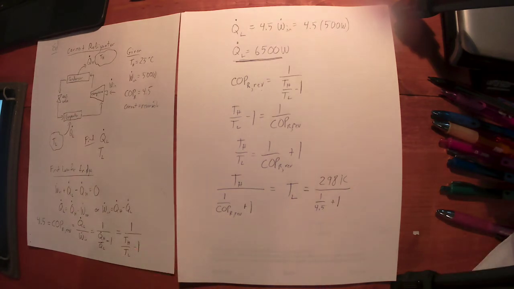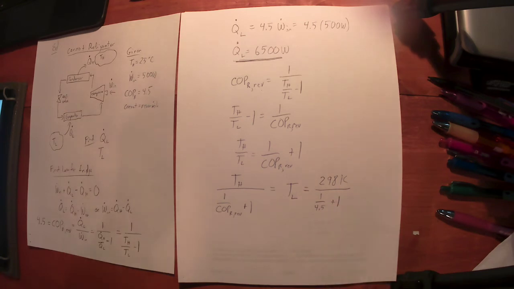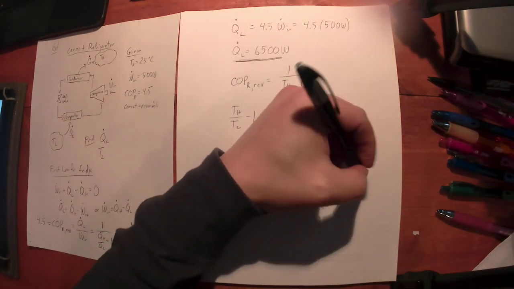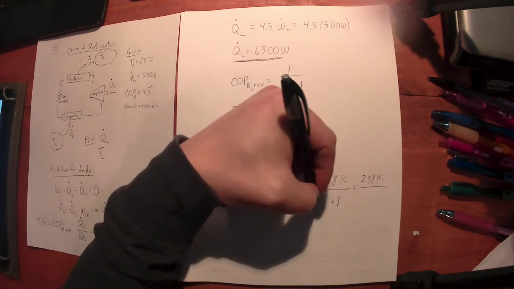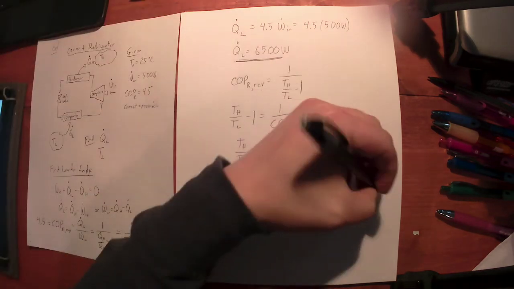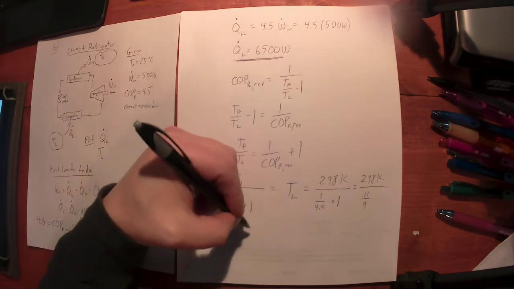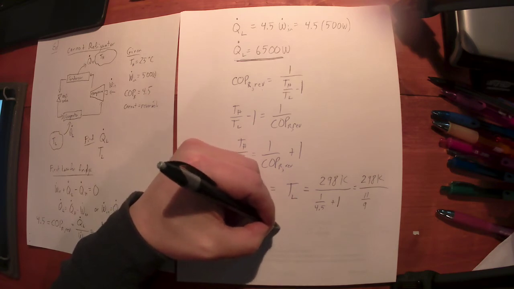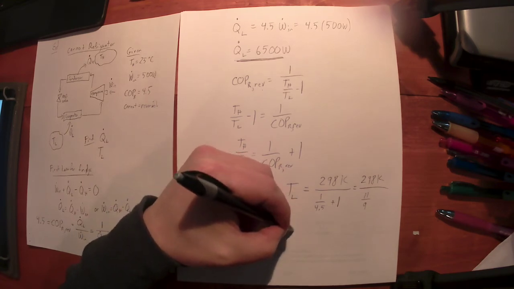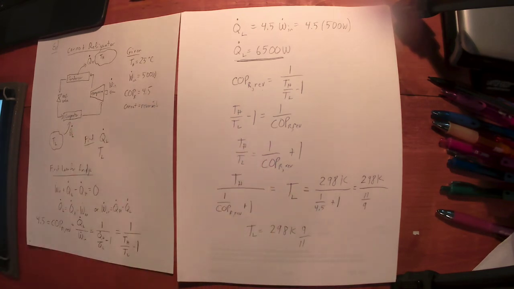Okay? We could do some fractions here if you like. This is basically 2 over 9 plus 1. 298 kelvins divided by, so this is 2/9 plus 9 over 9, so it's 11/9 if you like. So I think that's right. TL would be 298 Kelvin times 9 over 11. I think that's right.